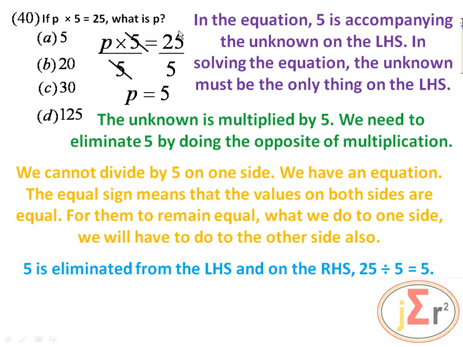On the right-hand side, we have 25 divided by 5. But we have to divide by 5 on both sides. What we do to one side, we will have to do to the other. The correct answer is therefore option A.